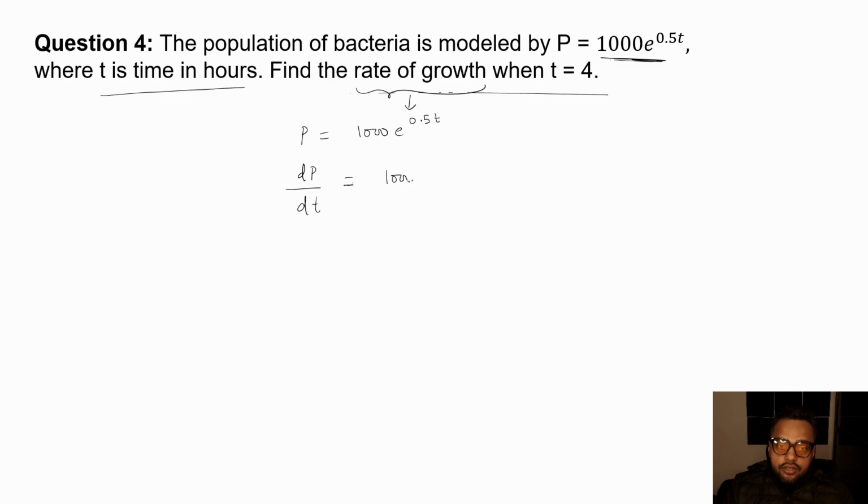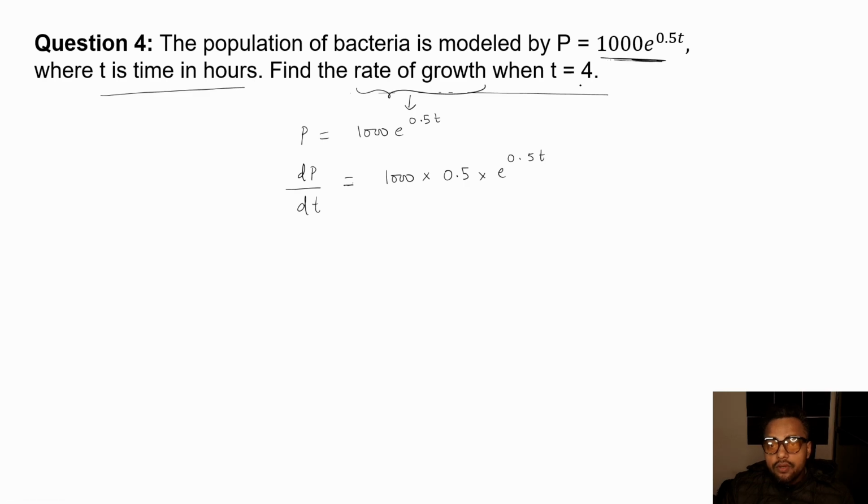If I differentiate it, 0.5t, which is on the power of e, is a function value, so you need to differentiate this as well. Differentiation of 0.5t with respect to t will be 0.5, multiplied by e raised to the power 0.5t. Okay, so this is the rate of growth.